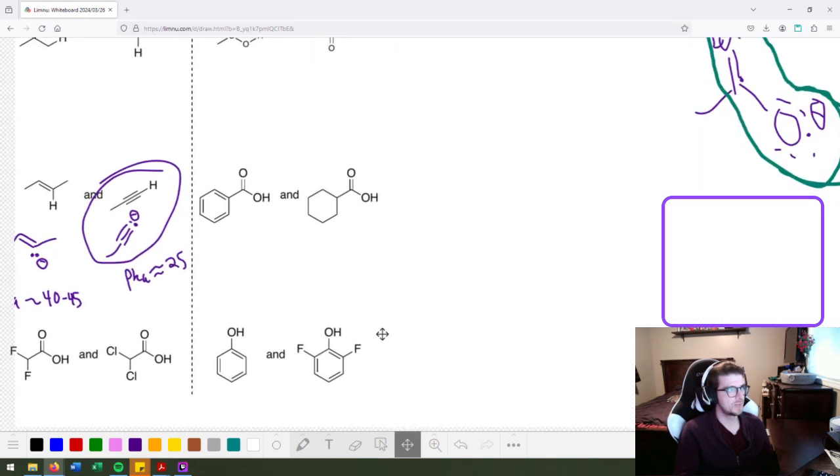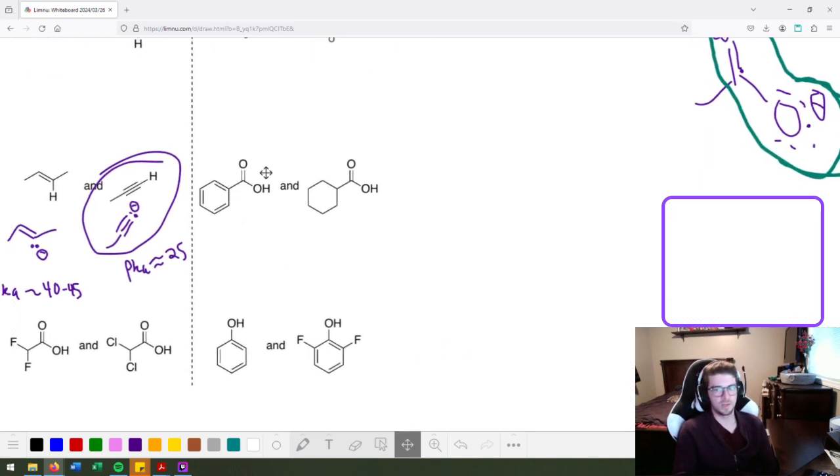Okay, so let's look over here. So we have benzoic acid and cyclohexanoic acid.